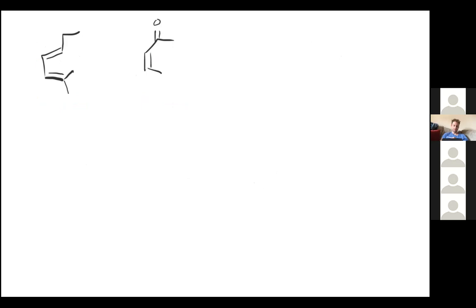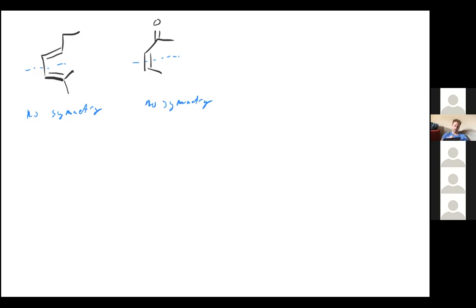All right, same thing with this one. These ones are asymmetric, which means we're gonna end up with two products, at least two major products. So let's start with the one that is just as it is drawn.